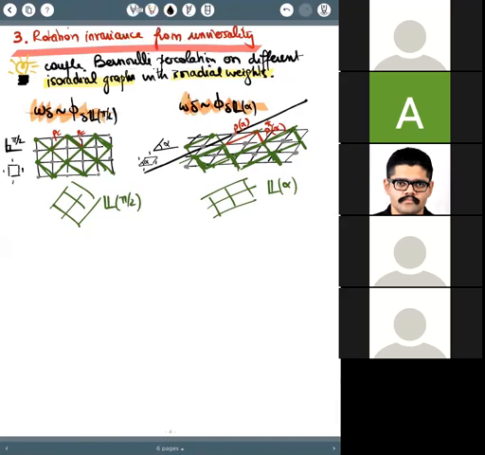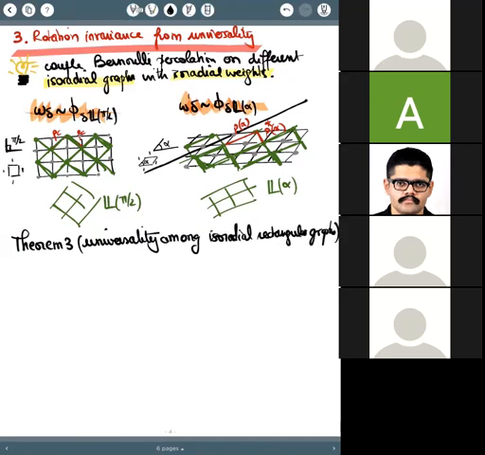And the theorem, this is our third theorem, is saying the following: universality among isoradial rectangular graphs. It says that there exists a coupling.